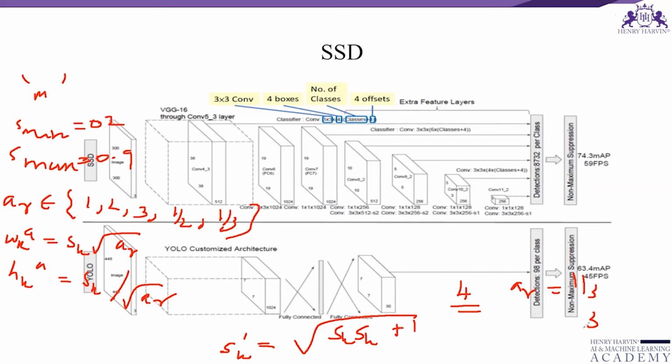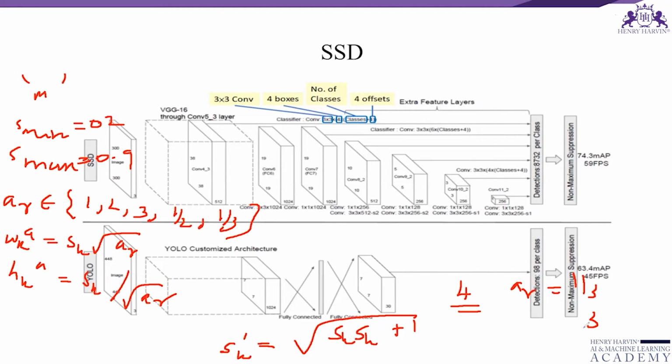After the above steps, each sampled patch is resized to a fixed size and may be horizontally flipped with a probability of 0.5, in addition to some photometric distortions. So, this is about the single shot detector.